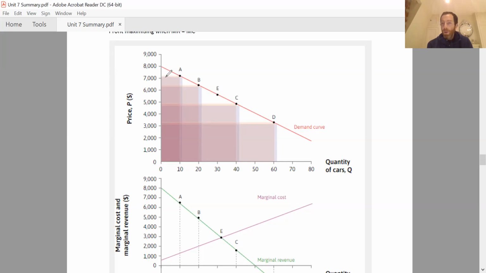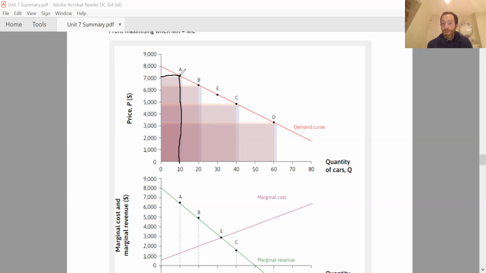So maybe one important thing I should have mentioned: how do we work out revenue from this? The revenue, remember, is the price times the quantity. So if we're at point A here, the revenue would be this rectangle, which I'm drawing really badly here, right? That rectangle there.